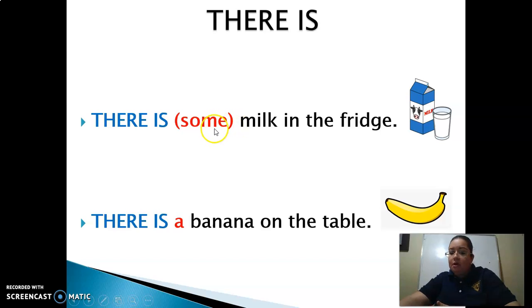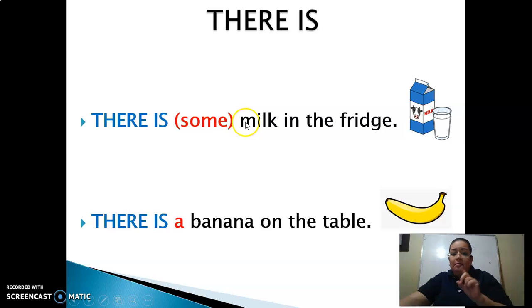You can use the word some or you can just avoid it. If you say, there is milk in the fridge, it's perfectly fine. And if you say, there is some milk in the fridge, it's okay as well, but you are being kind of more specific. And then, there is a banana on the table.